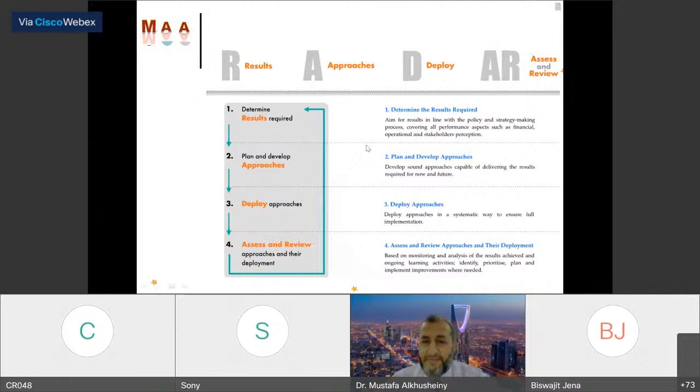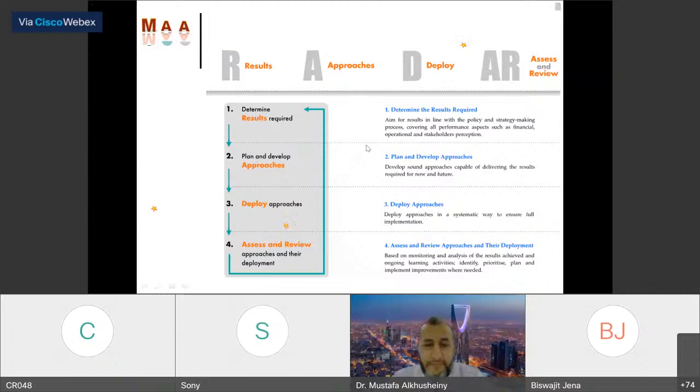So, determining the results required means aiming for results aligned with the policy and strategy making process, covering all performance aspects such as financial, operational, and stakeholders' perceptions. Also, regarding plan and develop approach, develop a sound approach capable of delivering the results required for now and the future.